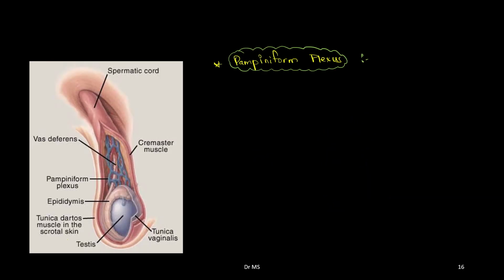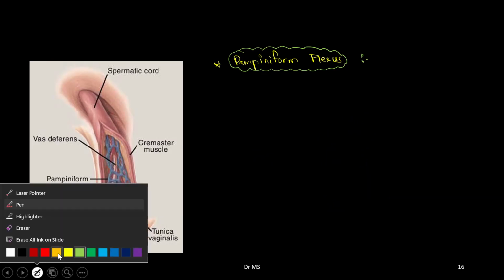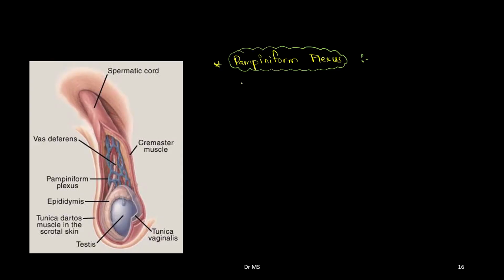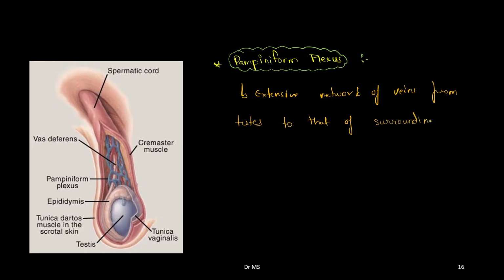Here, these plexus are called the pampiniform plexus. Remember this. This is an extensive network of veins from the testes to the surrounding testicular artery.